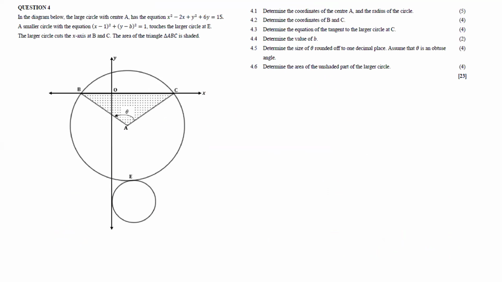In the diagram below, the large circle with center A has the equation x squared minus 2x plus y squared plus 6y is equal to 15. A smaller circle with the equation (x minus 1) squared plus (y minus b) squared is equal to 1 touches the larger circle at E. The larger circle cuts the x-axis at B and C. The area of the triangle ABC is shaded. Determine the coordinates of center A.